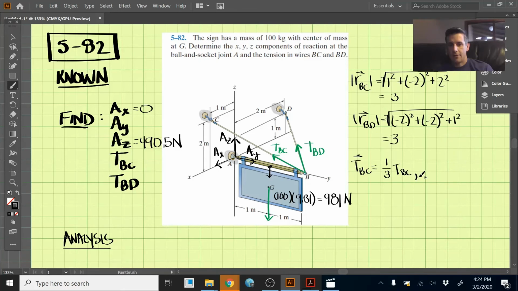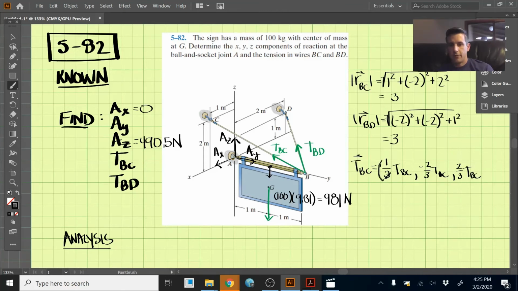And that's the I direction. And likewise, we need to do that for the J and K direction. So in the J direction, it's 2 divided by 3 TBC. And lastly, in the K direction, we have 2 over 3 TBC.